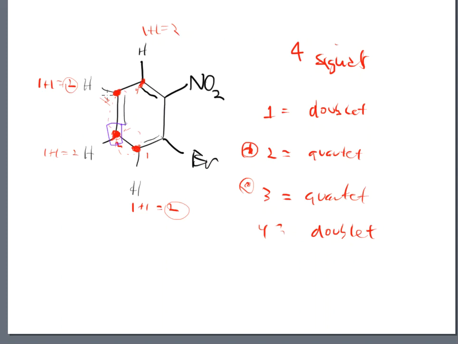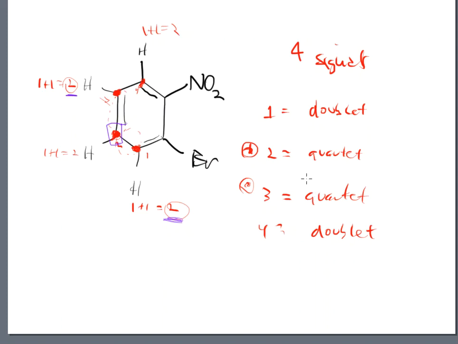If I go up and I see a 2 here, and then if I go to the other side and I see a 2 there, that is giving us this quartet, right? So the definition of double of doublets basically means, all right, what we've got are 2 from one side and 2 from the other side, and they are not equivalent. And we've already determined that. They're different signals here. They are not equivalent to each other.